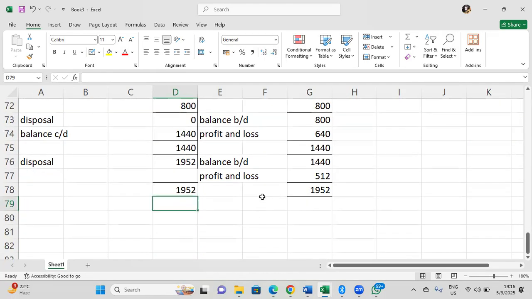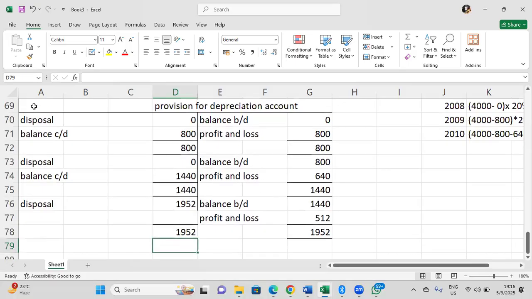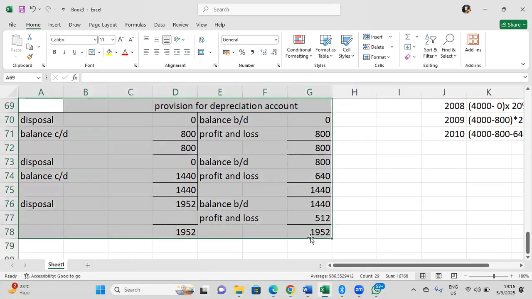Now, let's repeat the procedure, this time assuming it's straight line.